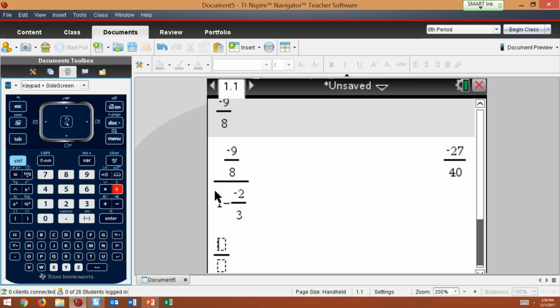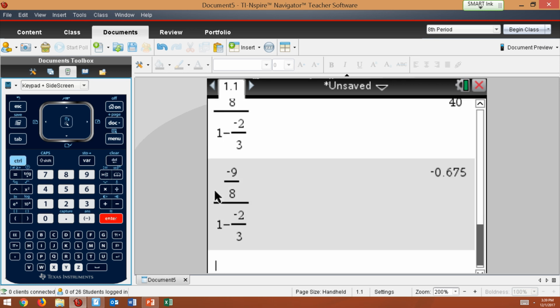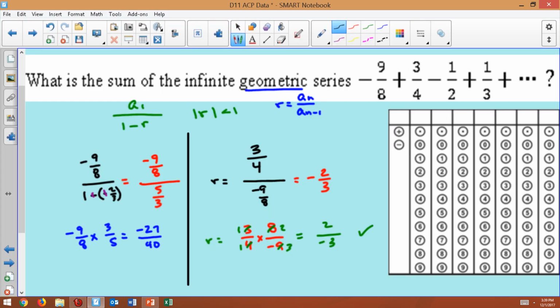Hit the wrong button there. If I hit Control Enter, it gives me a decimal, negative 0.675. So that would be our value. Negative 0.675 would be our sum here. And once we bubble this in, we'll have our answer.